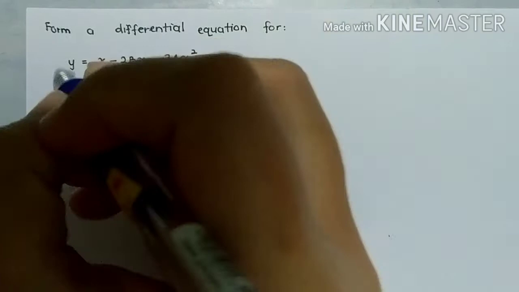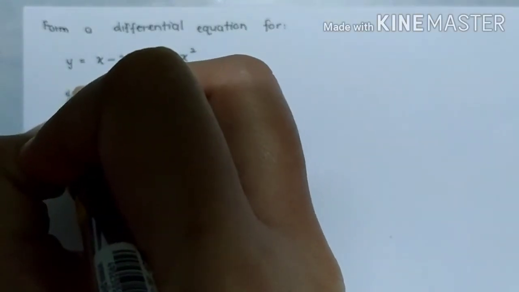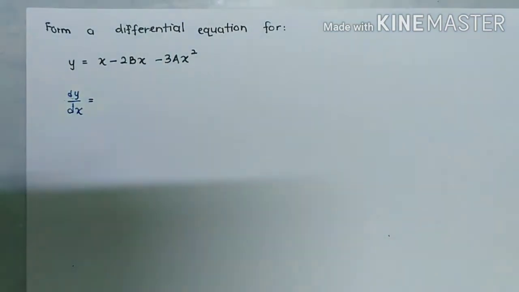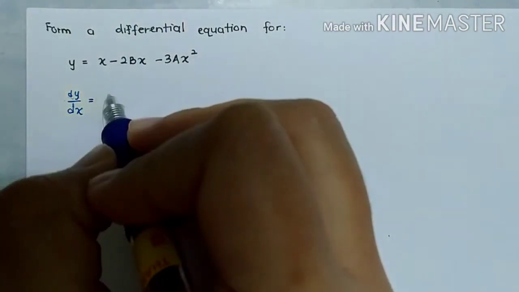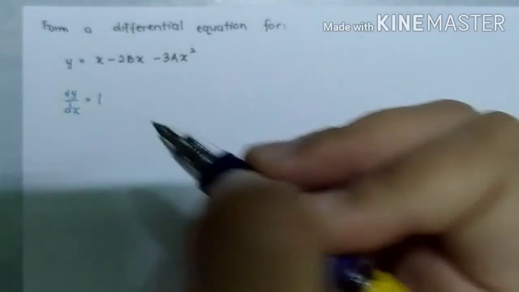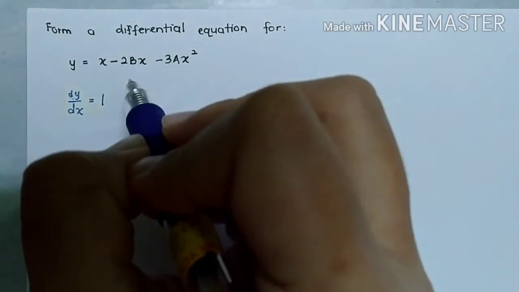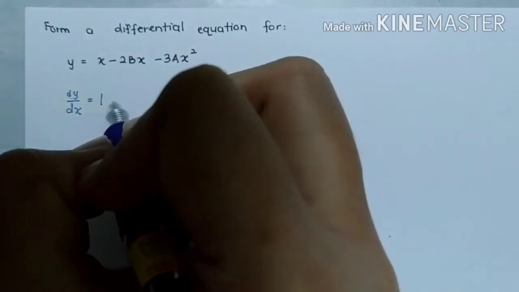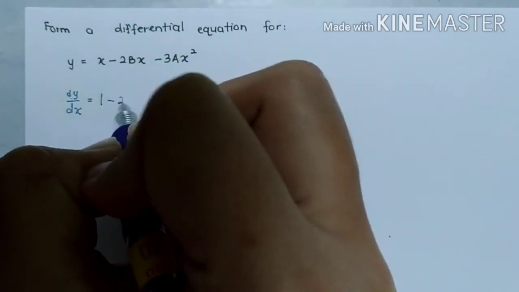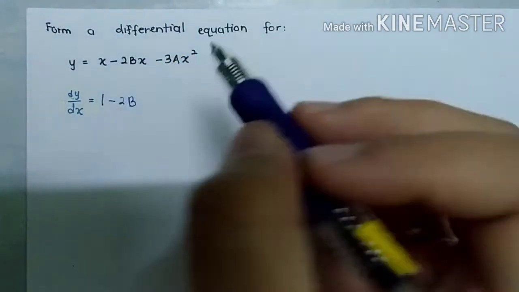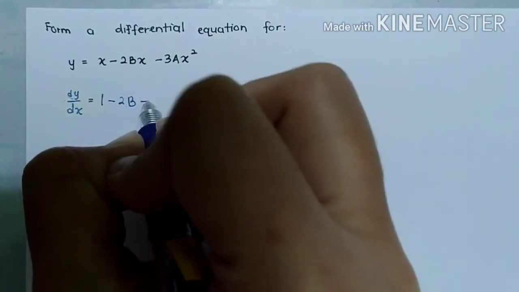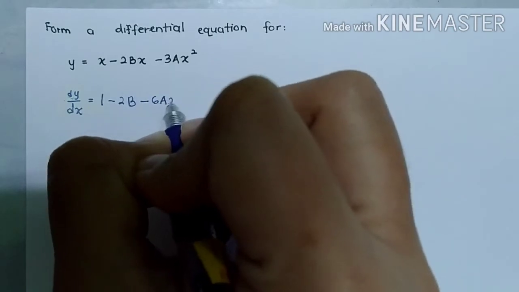So the first derivative for this equation, or dy dx, is equal to: differentiate x, we get 1, and then differentiate 2 minus, differentiate minus 2bx, we get negative 2b, and negative 3ax square, we get negative 6ax.